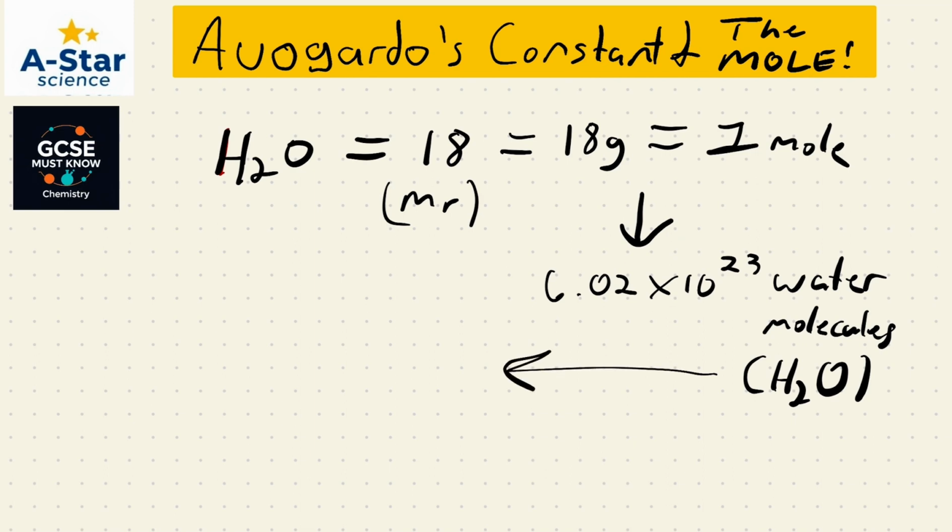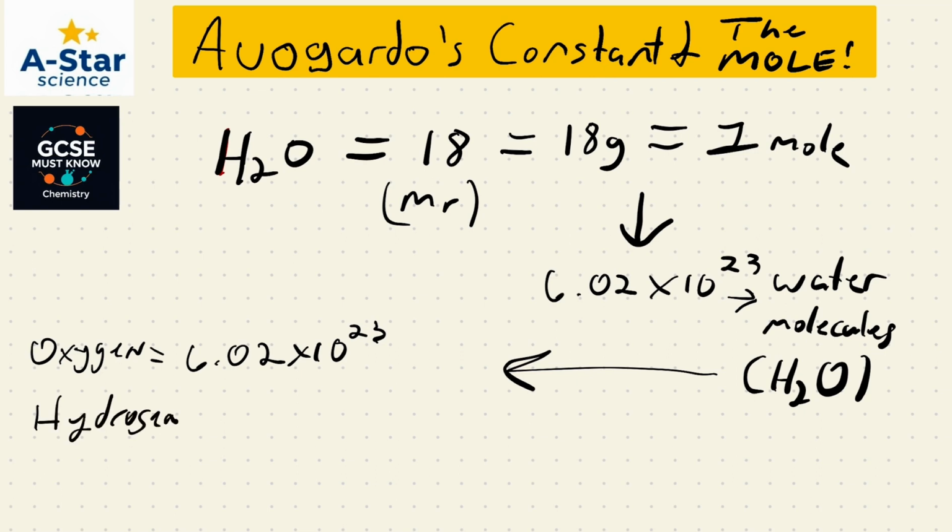Now, what does that tell us about the number of hydrogens and oxygens in 1 mole of water? Well, the number of oxygen atoms would equal 6.02 times 10 to the 23rd, because that's how many water molecules it is. But the number of hydrogen atoms would be times 2, because as we can see, hydrogen is 2 to 1 to oxygen.